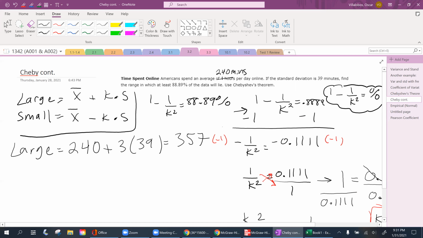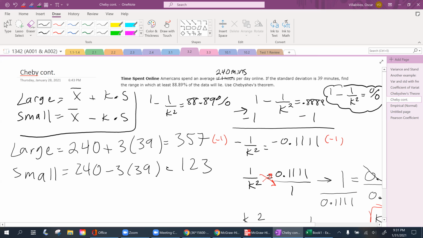This gives me 357. Let's find small. That is going to be 240 minus 3 times 39. This is going to give me 123.